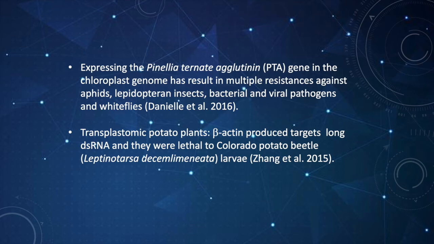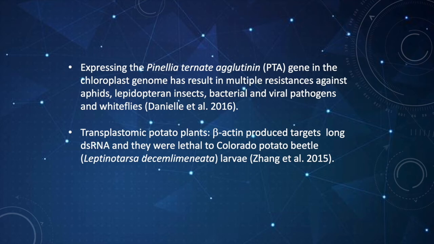We can take a look at two examples, which are the Pinellia ternata agglutinin and the production of transplastomic potato plants. Firstly, expressing the Pinellia ternata agglutinin PTA gene in the chloroplast genome has resulted in multiple resistance against aphids, lepidopteran insects, bacterial and viral pathogens, as well as whiteflies.